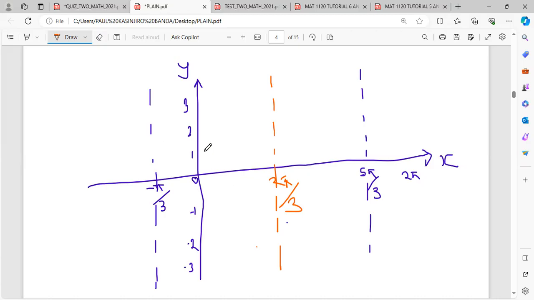Before you graph, you have to know this. If you are graphing a cos, the graph will be somewhere like that. You have your first point here and your last point there, then your middle value will be there.